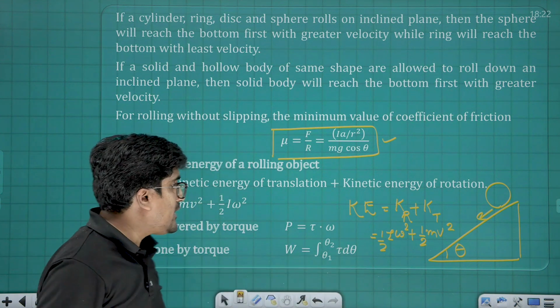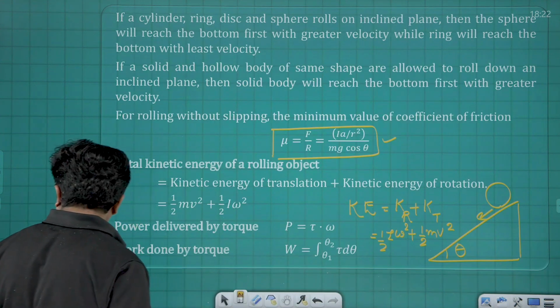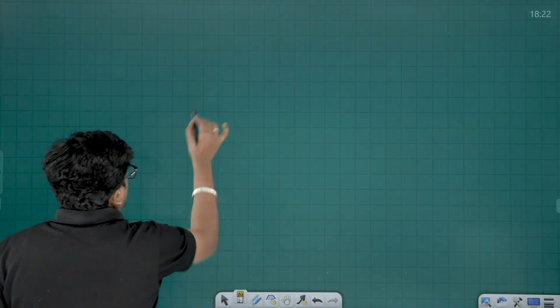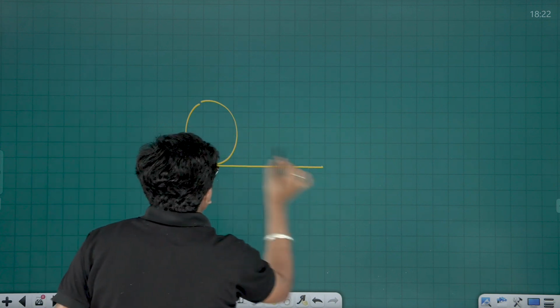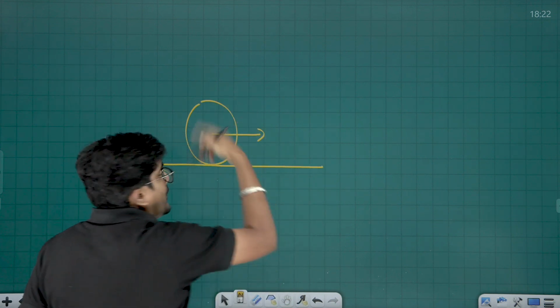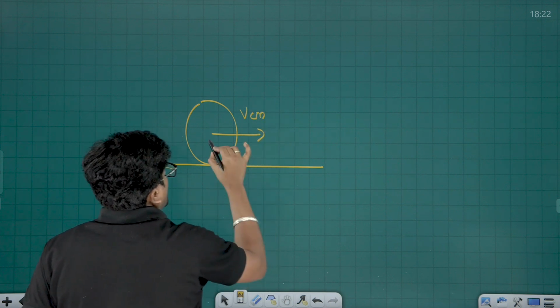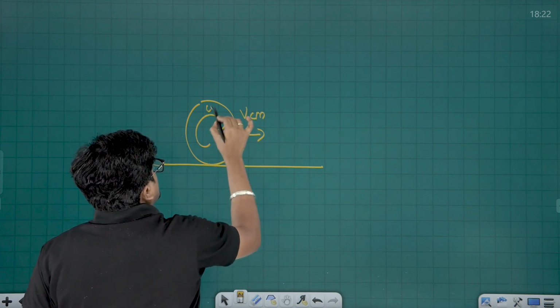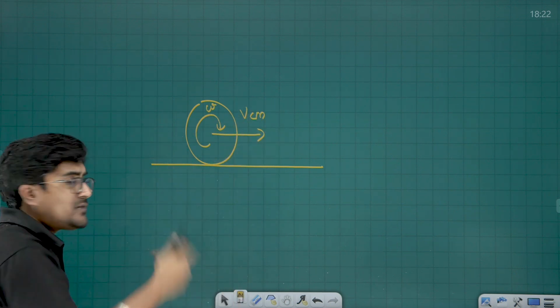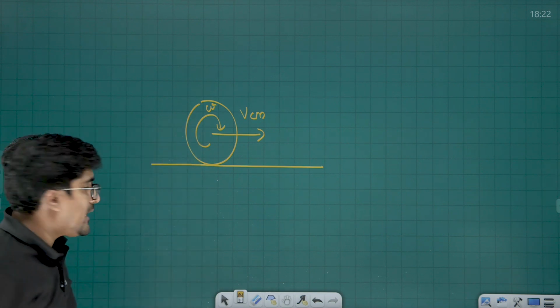And here also I want to tell you something important. If a body undergoes pure rolling, we all know that the velocity of center of mass is going to be Vcm, and the angular speed at which this is rotating is going to be omega.